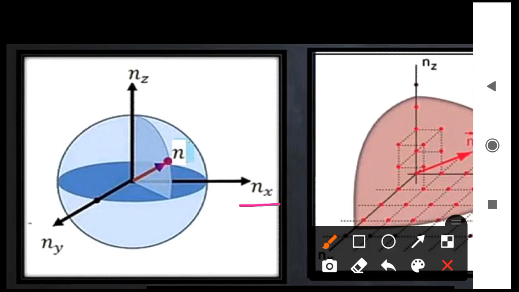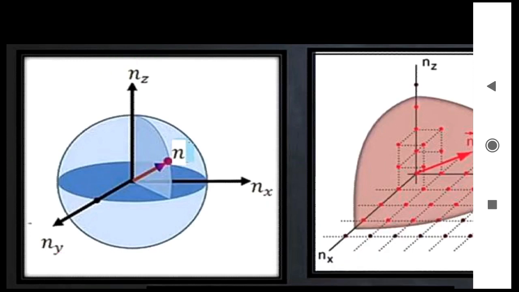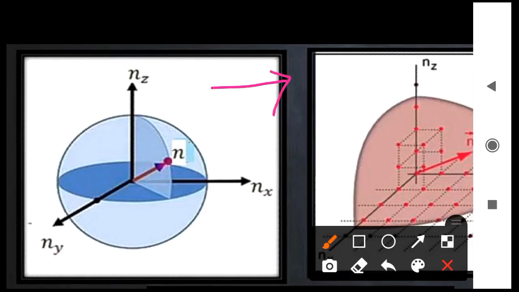Now we know that energy values are positive. Here we take only the positive values of nx, ny and nz. Why do I take only positive values? Because in this case we have a standing wave. I hope you are all aware of standing waves. In standing waves, when we consider the positive values, then automatically the negative ones will be considered.